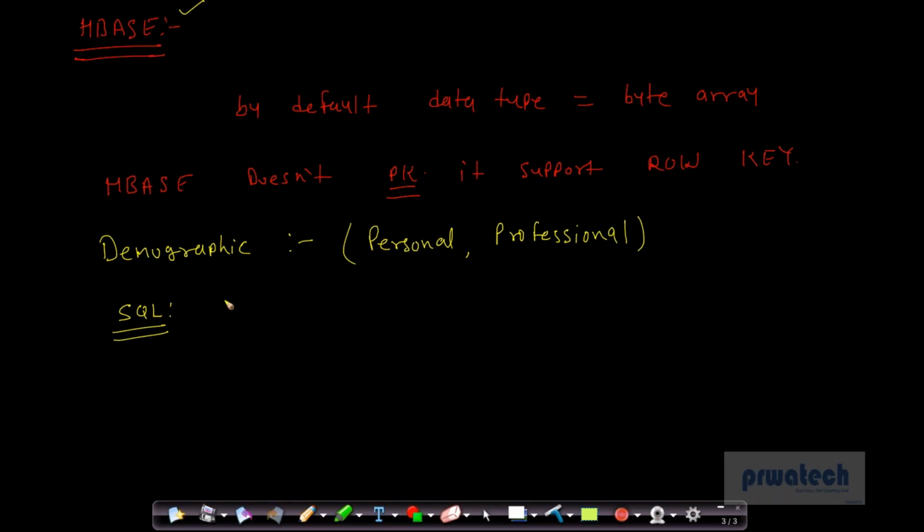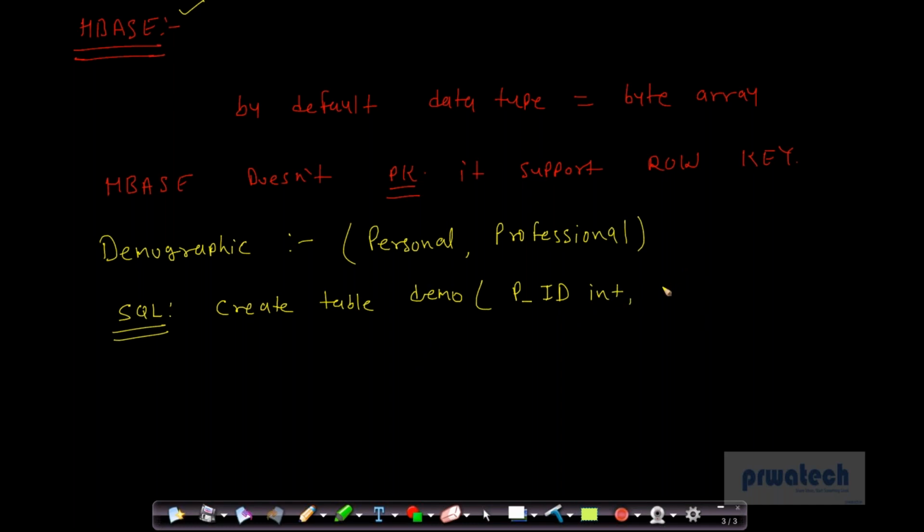In SQL, I'll create a table. I'll say create table, and the table name is, let's say, demographic. And I will write all the column names now. The person ID, let's say PID, I'll define with data type integer.